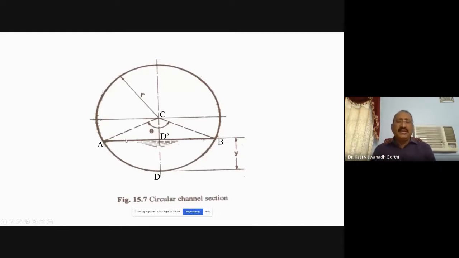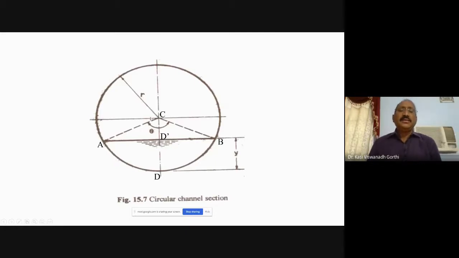So you need to compute the wetted area as well as the wetted perimeter. How do you get the cross-sectional area of ADBA? Since with respect to the center of this circle it is making an angle of theta, you will be able to get the area of the sector subtended with an angle of theta. So you will be getting the area CADBC, the entire sector, from which you deduct the area of the triangle CAB.